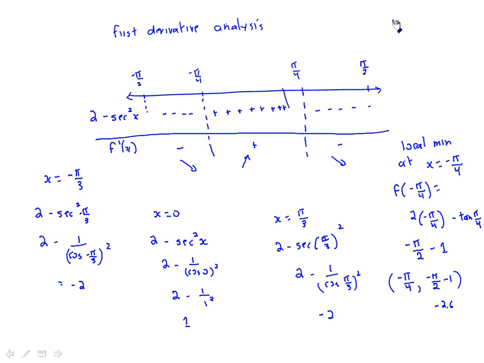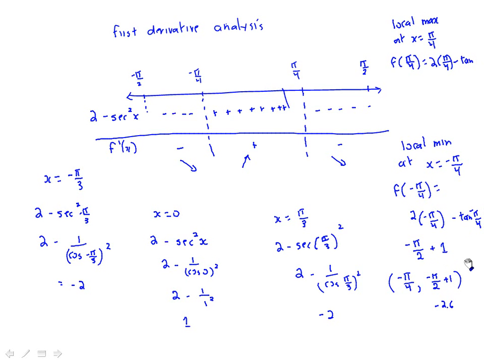And right above that, I'll go for the local max at x equal to pi over 4. So f at pi over 4 is equal to 2 times pi over 4 minus the tan. Oops, I think I just made a mistake, didn't I? I plugged in positive pi over 4 for this earlier one. Wait a sec, so that's plus 1. Everything changes. So excuse me for that.